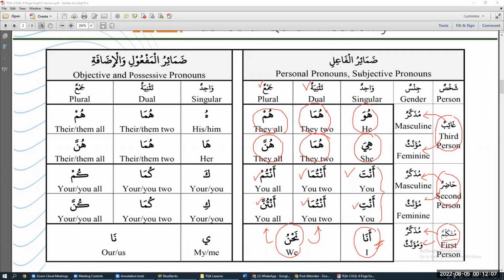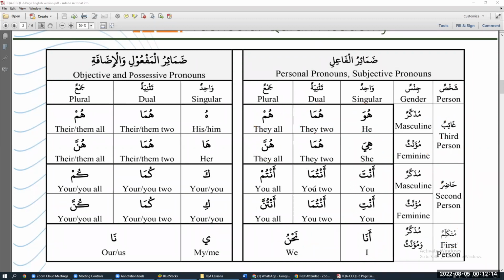Having identified these 14 words, now if we want to specify, before that, see huma. How will we understand whether this is masculine or feminine? By the context of the saying. Now, just one point: how do you identify, say, what is hunna?